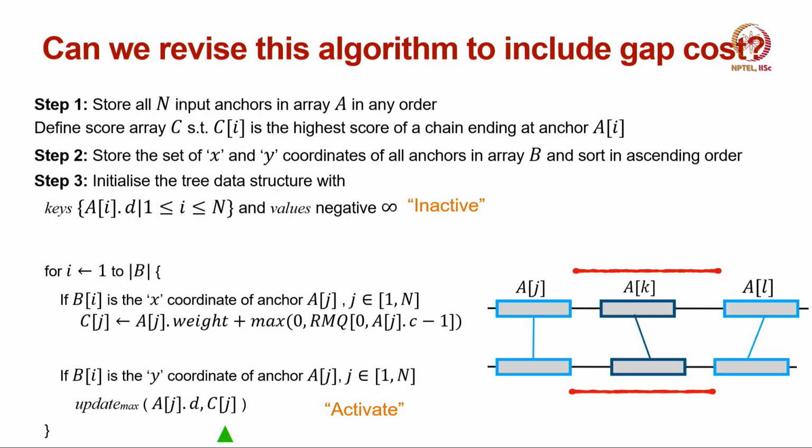But if I am considering anchor Al, then the gap would be defined based on the distance between these coordinates. So, the gap really depends on what two anchors are being considered, which makes it tricky to set the priority of anchor Aj as soon as its score is computed in the algorithm.